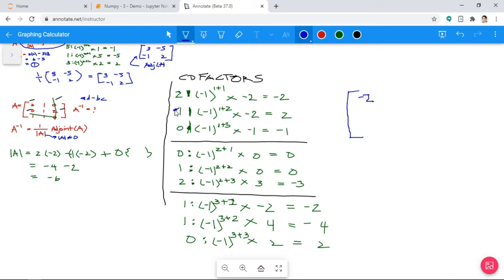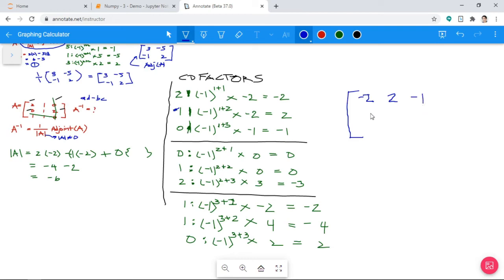I think this is 1. We have no negative 1. So this is 1. So this one will be 2. So the next one we have for 0 is 0. Okay, so this one is negative 1.